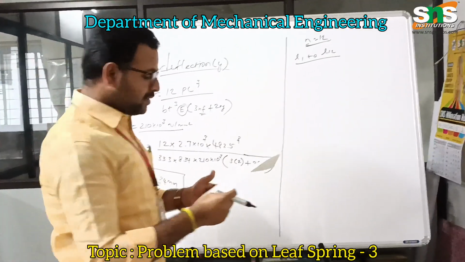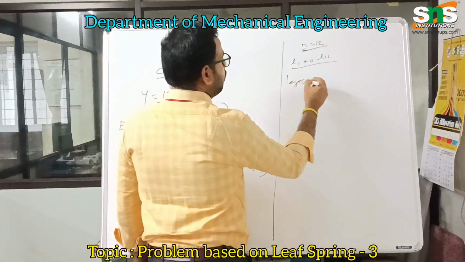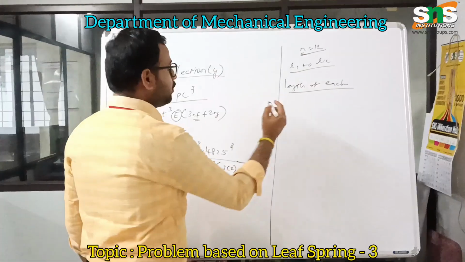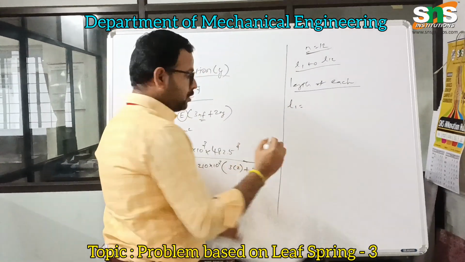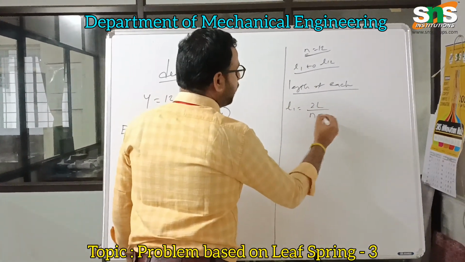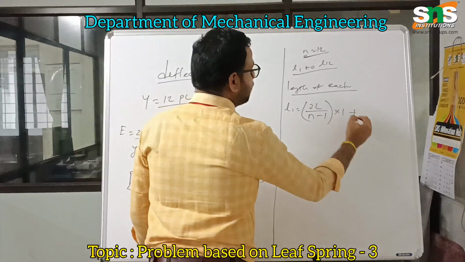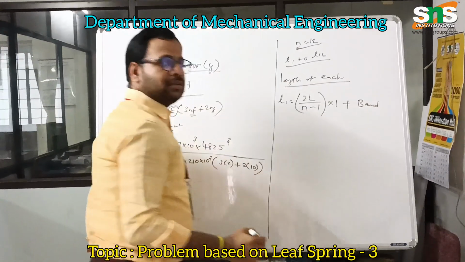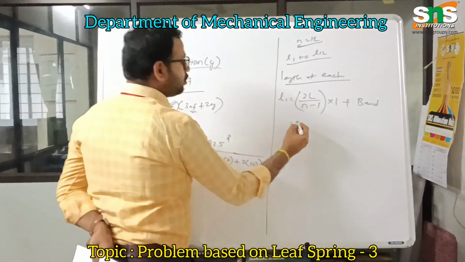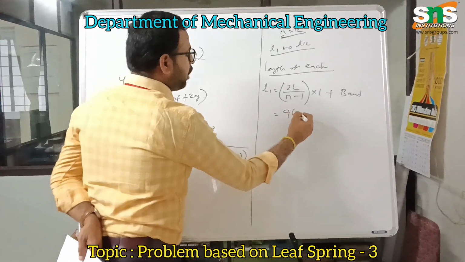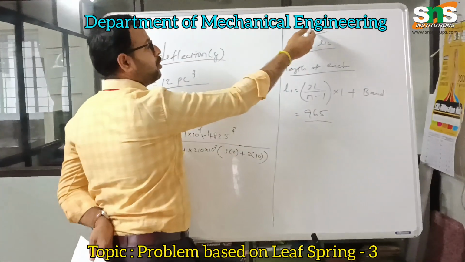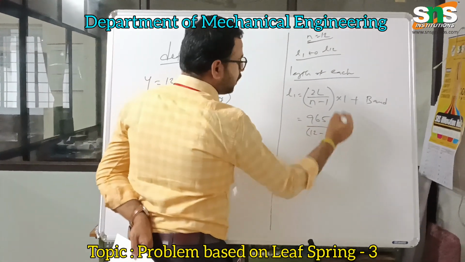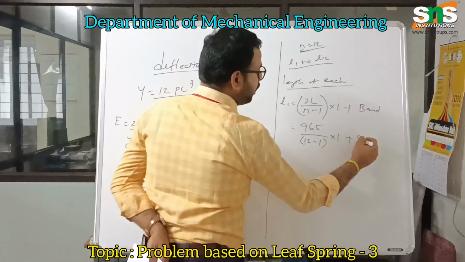So the formula behind this, the length of each spring: L1 becomes 2L divided by n minus 1 into 1, plus the bandwidth. 2L we already know, the value is 965, divided by n minus 1, where the number of springs is 12, so 12 minus 1, into 1 plus 85 mm.